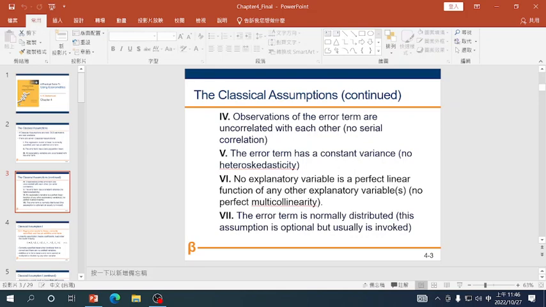So it looks like multiple regression with two variables, x1 and x2, but in fact it is just one variable, which is x1. So x2 doesn't provide extra information to explain the variation of y in addition to x1.